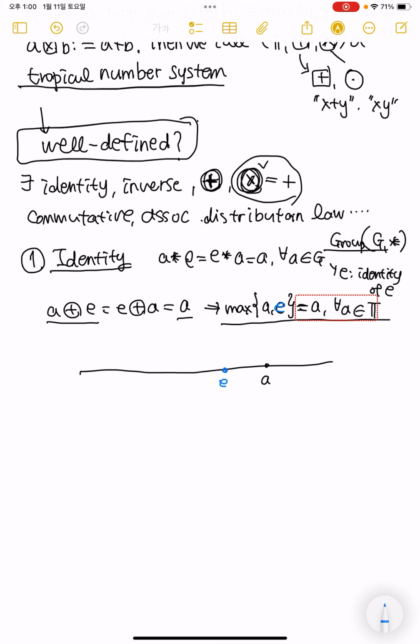Then, comparing A to E, A is the maximum.